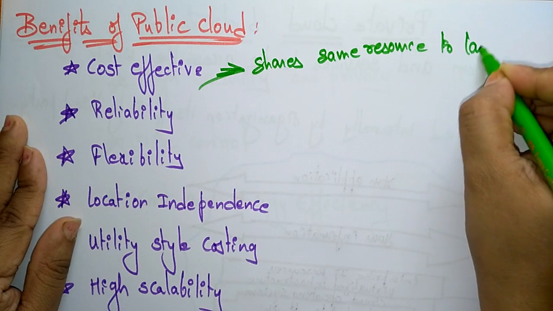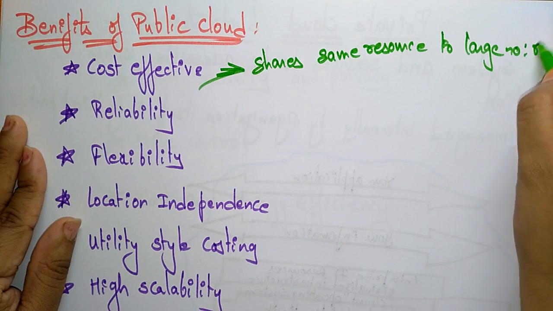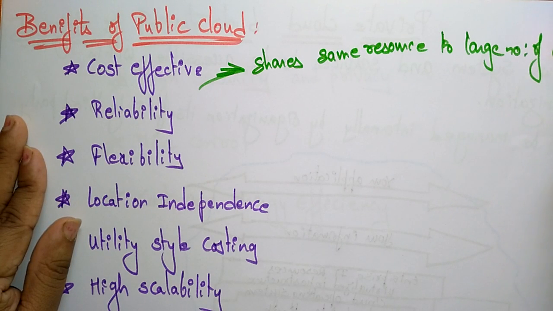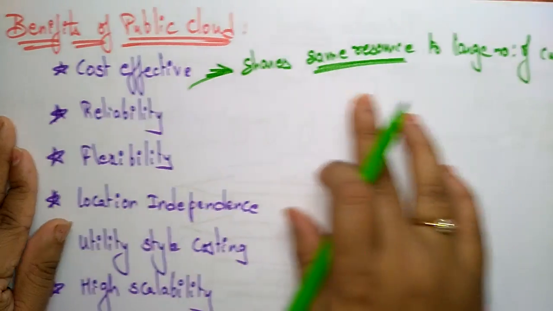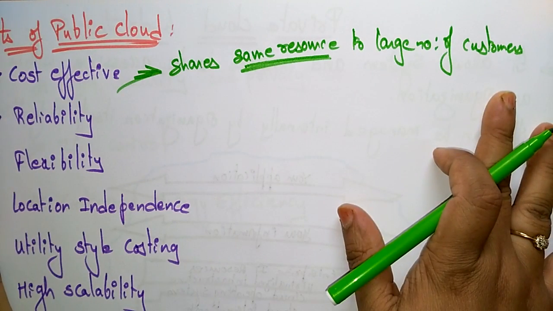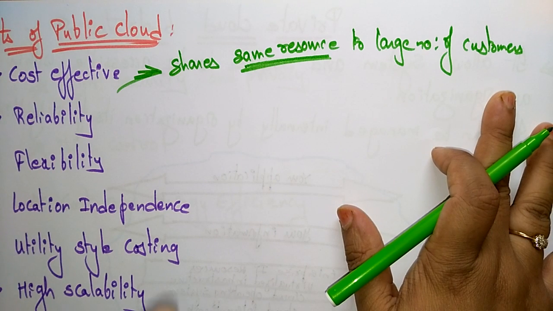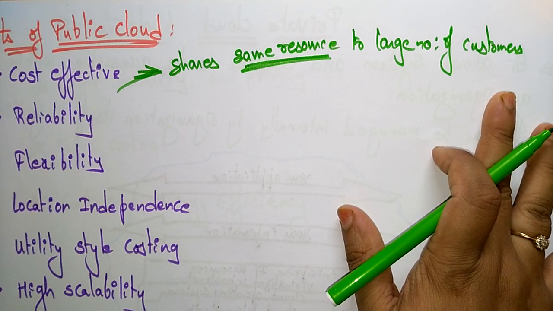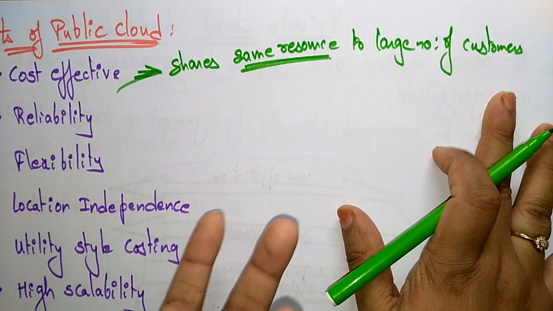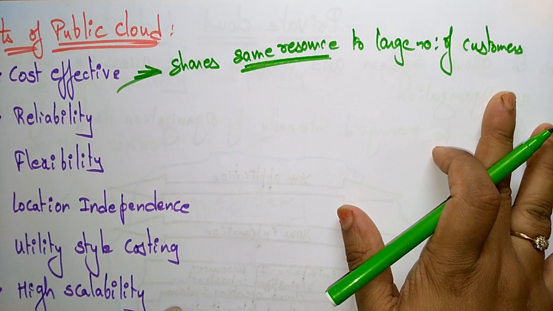Whenever it is sharing the same resources with a large number of customers, it turns out inexpensive, because the same data we are providing to different people. That is cost effective.